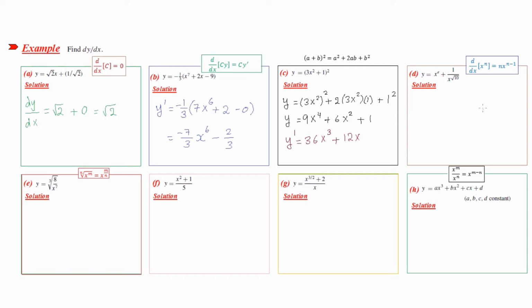In part D, you also have to simplify or modify the function, then you can start to find the derivative of the function.